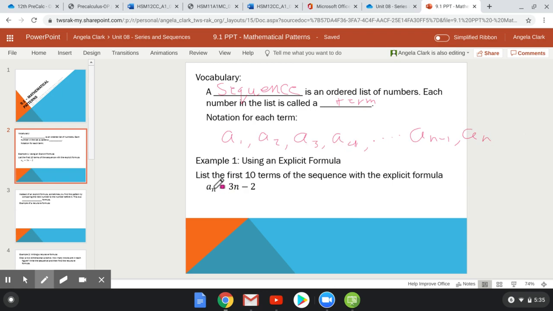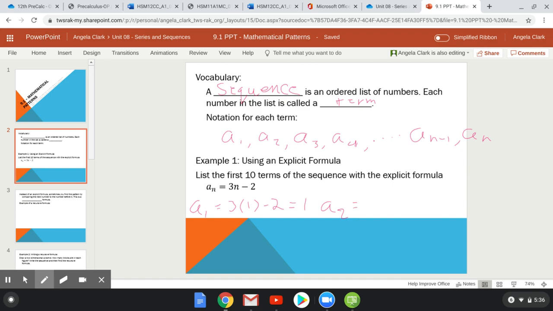If I want to find a certain term number, I can just plug that number into the formula in the appropriate spot, and that will give me my term. So if I want to find the first term, A1 is going to be 3 times 1 minus 2, or 3 minus 2, which is 1.